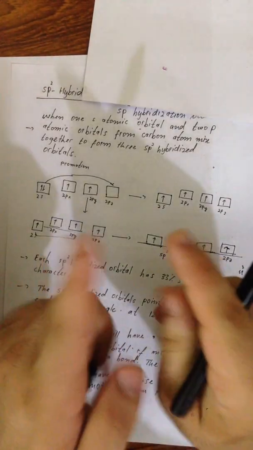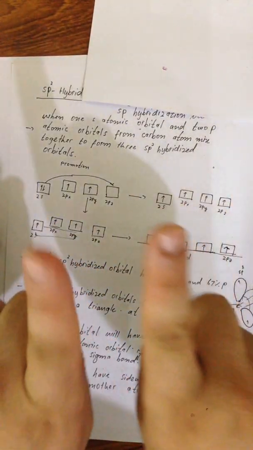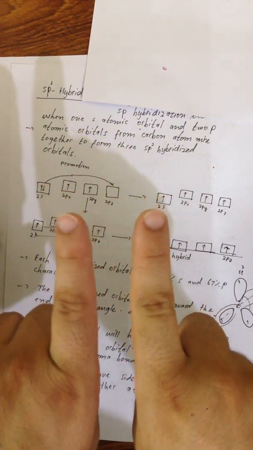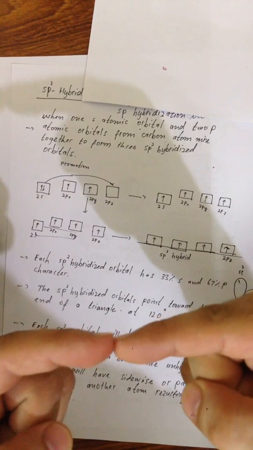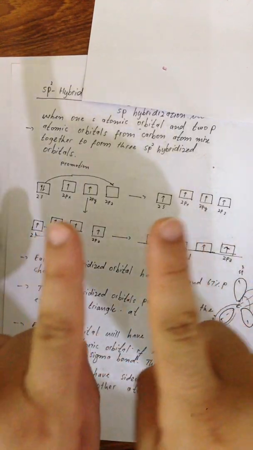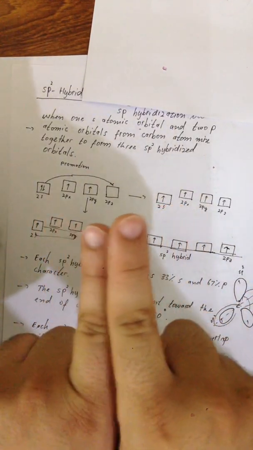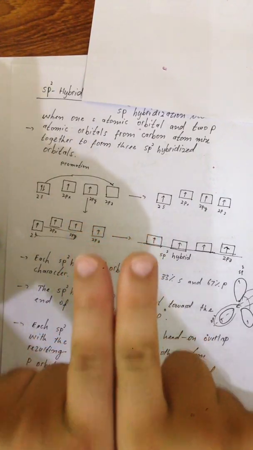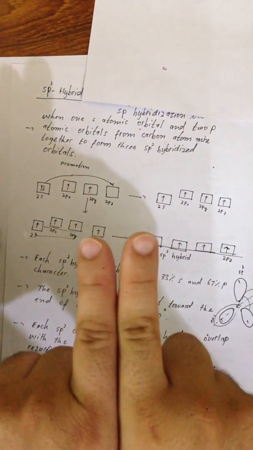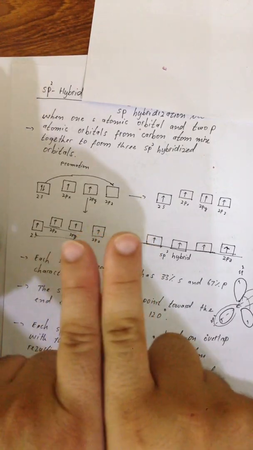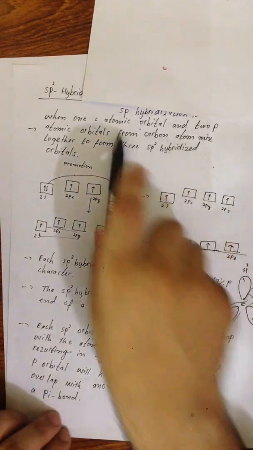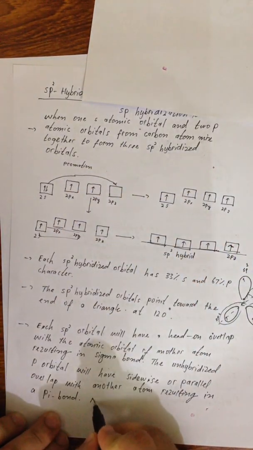When two orbitals come close to each other and have a parallel overlap, it's not a direct head-on overlap. Only their sides overlap with each other. This kind of bond is called a pi bond, represented by the symbol pi.